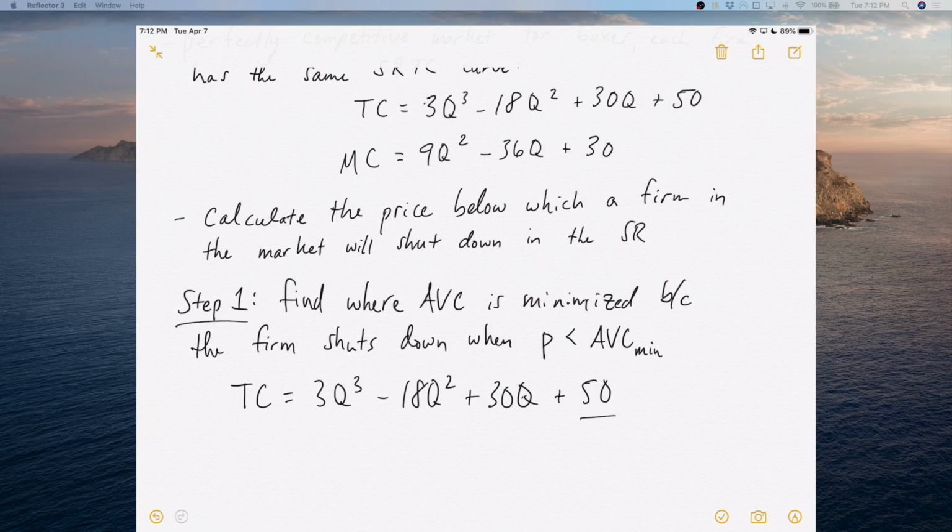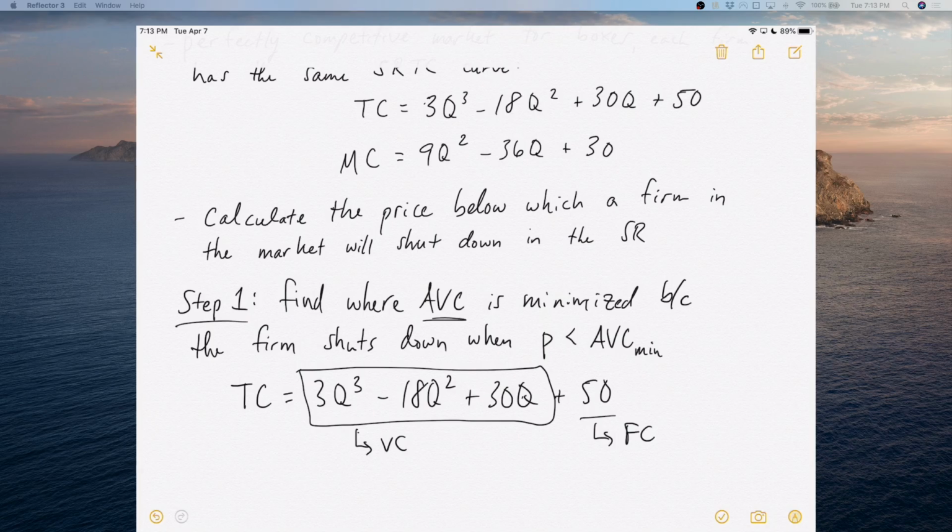So the variable cost is all of the terms that include Q. By including Q, you have the option of changing your costs, and because we're talking about the short run, the only thing that can change is our variable costs. So it's these terms here that represent our variable costs, and this again is our fixed cost.